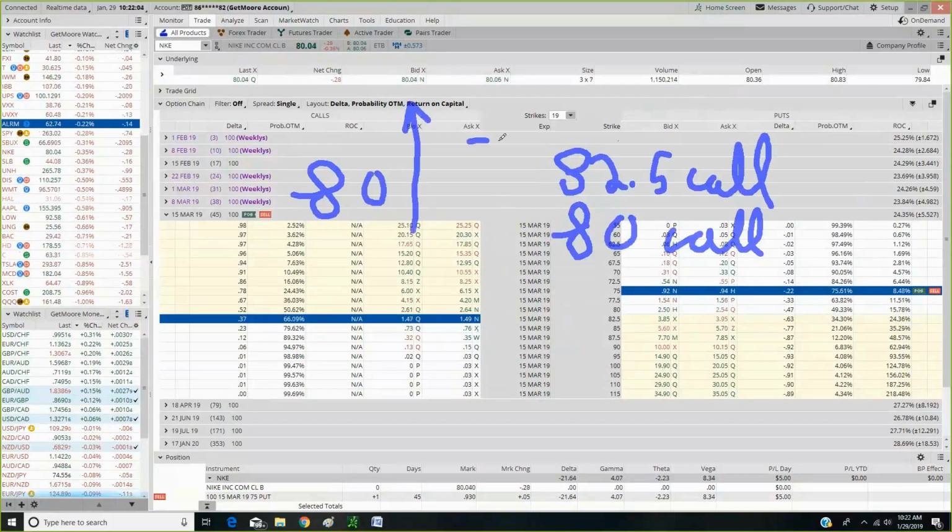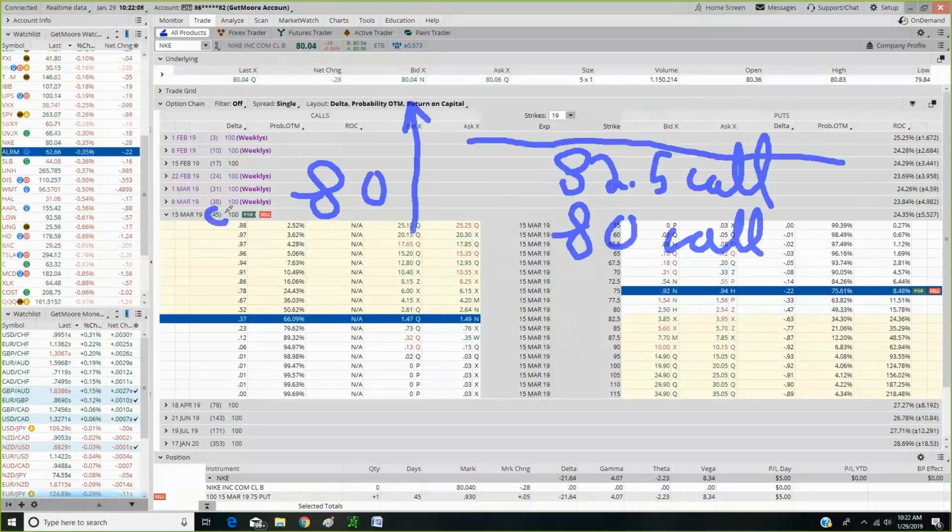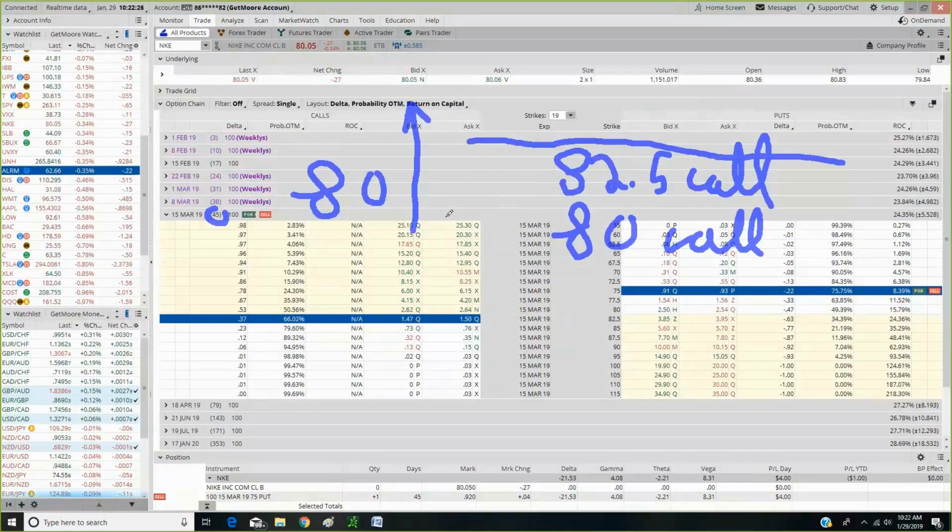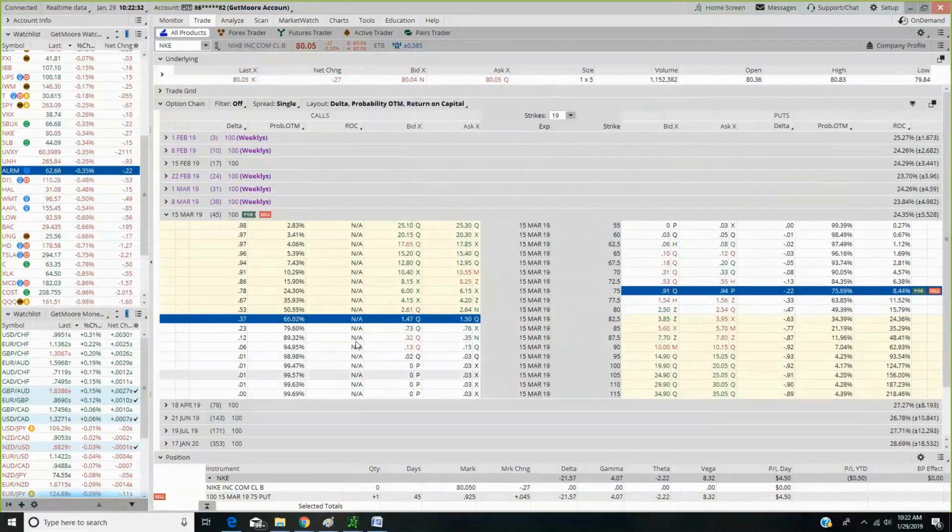And as long as the stock in the next 45 days closes above 82.5, I get maximum gain. So it's a bullish strategy, but because it's a vertical, it doesn't have to go up as fast. It can go up, down, because time decay helps us.